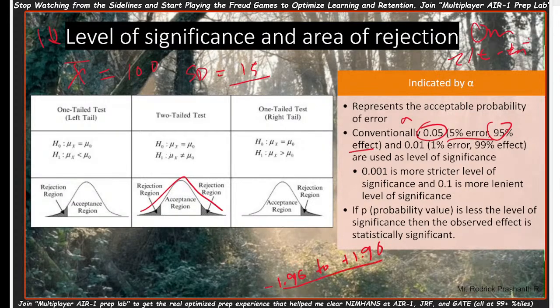So when I say 95% confidence, I mean 95% of cases fall in this population's distribution. Because we do not know the actual population's distribution, this can be the sampling distribution of all possible samples, right? So we take 95% of the cases as accepted.